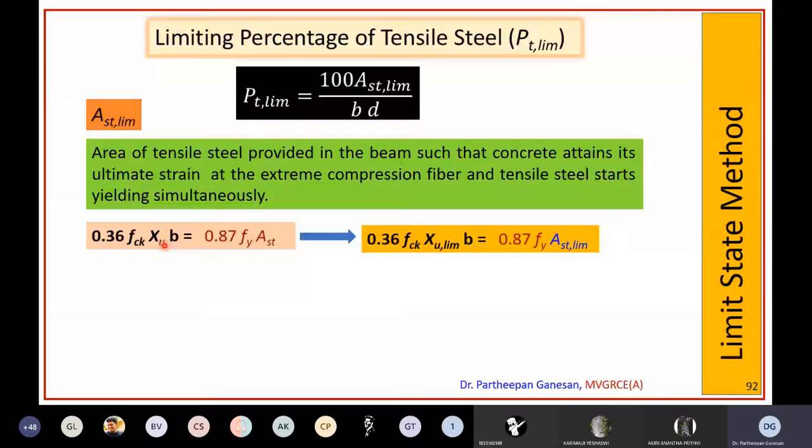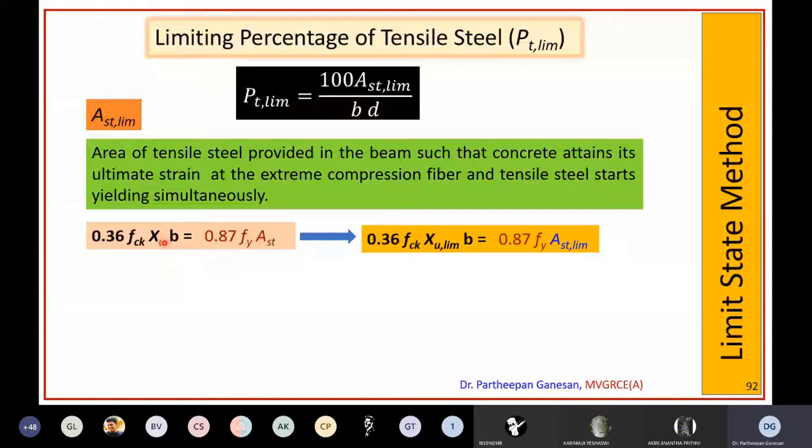The balanced section is the section in which concrete attains its ultimate strain and steel also starts yielding at the same time. Such a neutral axis depth is called the limiting neutral axis depth, XU limit. So if XU becomes XU limit, this AST will become AST limit.